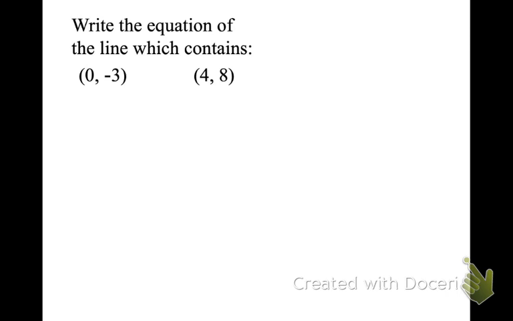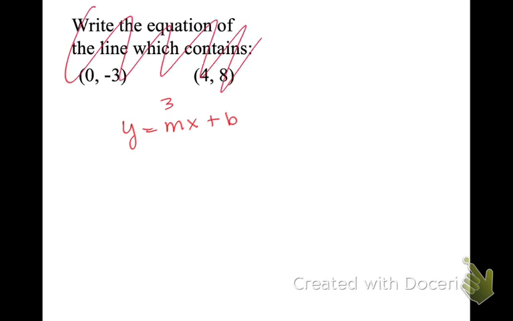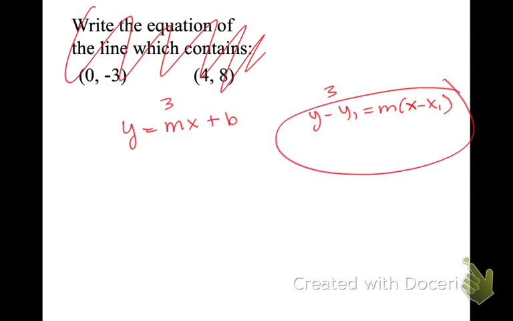You should do 3 in slope-intercept, where you start at y equals mx plus b, and do 3 problems where you start at point slope, y minus y1 equals m times x minus x1. I want you to build your tool belt for algebra.